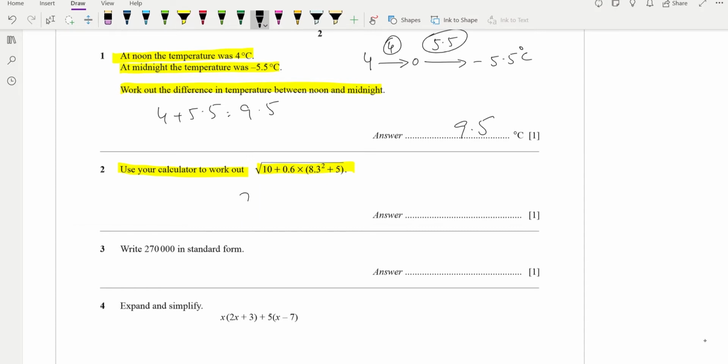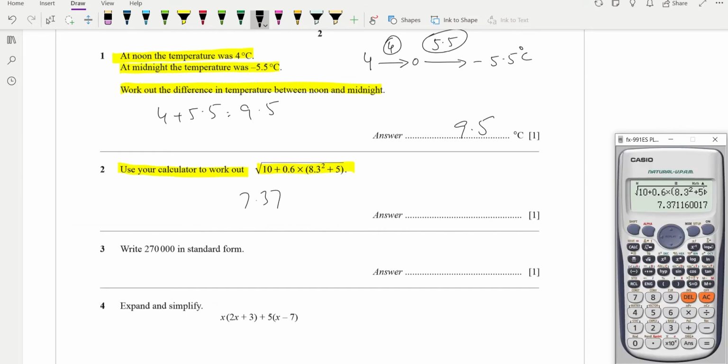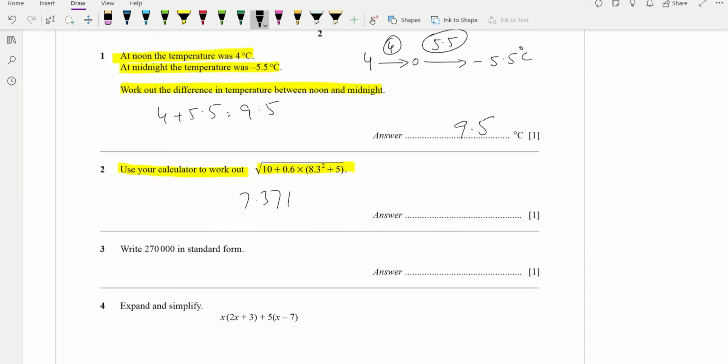Calculator numbers are 116. So up to 3 significant figures we can write 7.37. This will be our answer.